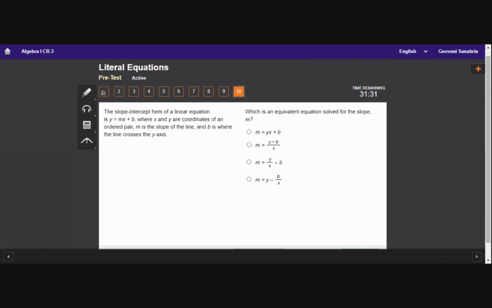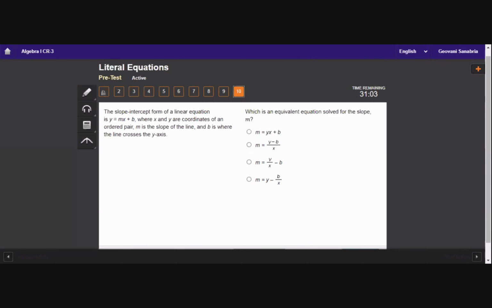Okay, so this is getting the M by itself. So you start out with the farthest away, and then the next one is closer. So the farthest away from the M is what? B. So we subtract B. Cancel that out, so then we get B minus Y equals MX.